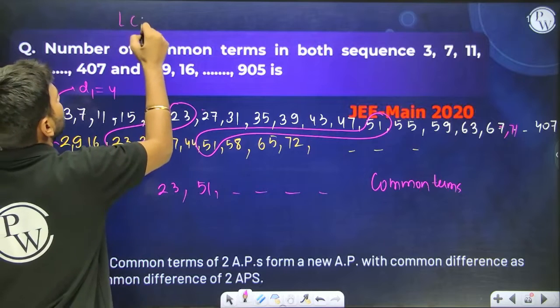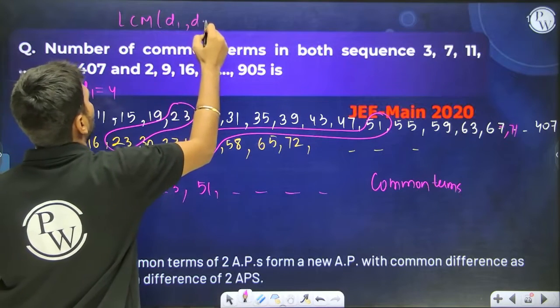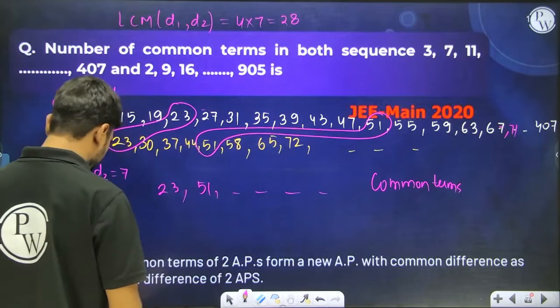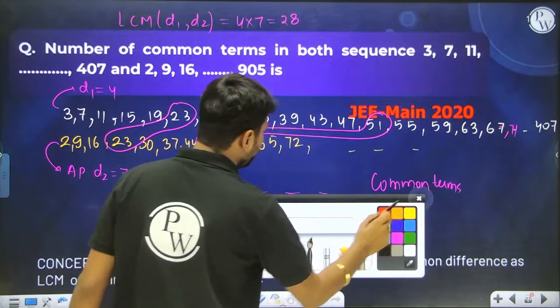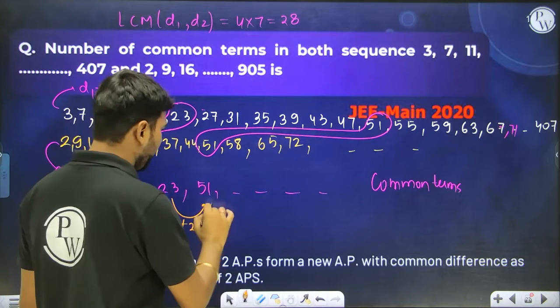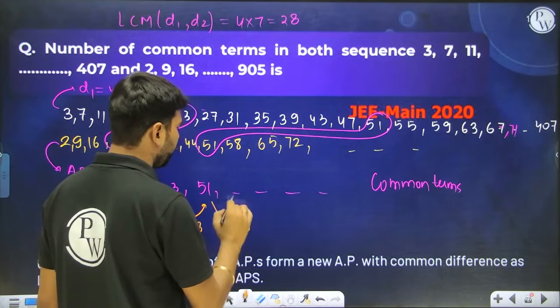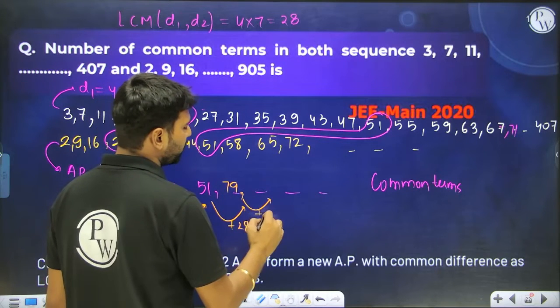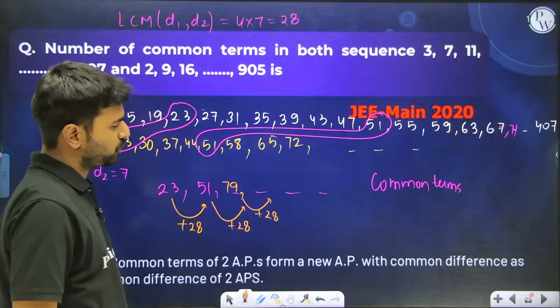So the LCM of D1 and D2 is 4 times 7, that is equal to 28. You see that if you add 28 to this, this term comes. If you add 28 to this, another term will come, and so on.